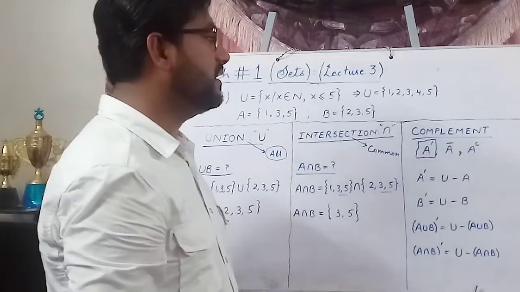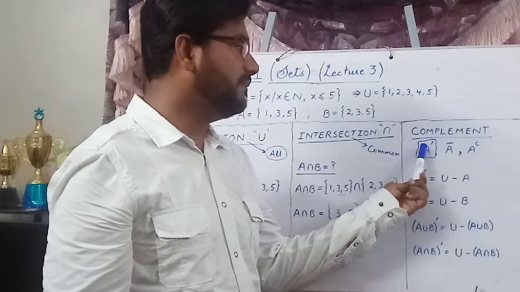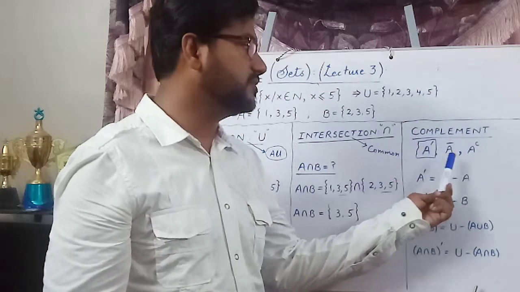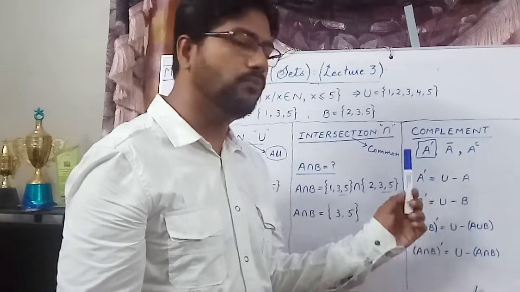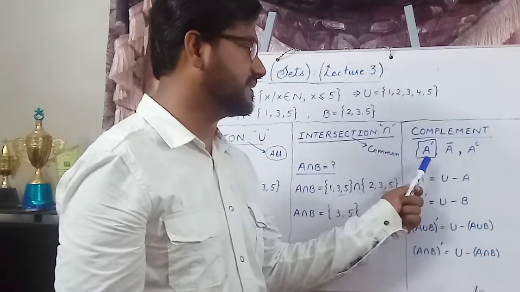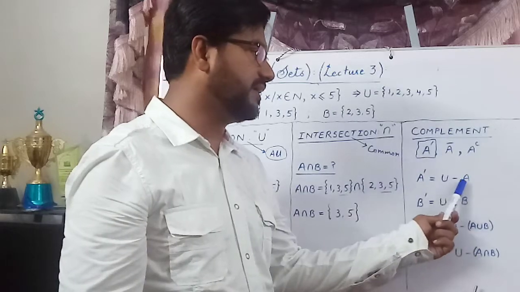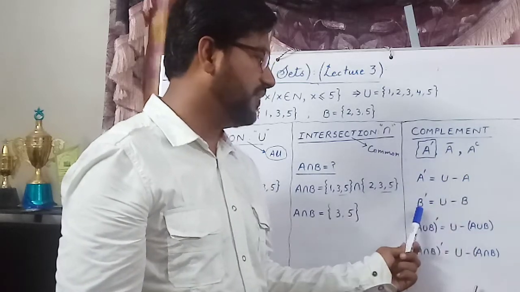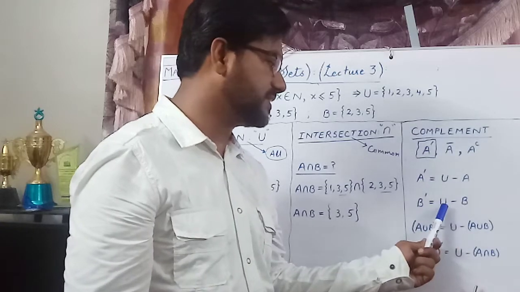Now our third topic is complement. A dash is complement, A bar also represents complement, and A to the power C is complement. But most of the time we use this sign. If we have to find A complement, we have to subtract A from the universal set. For B complement, we subtract B from the universal set.